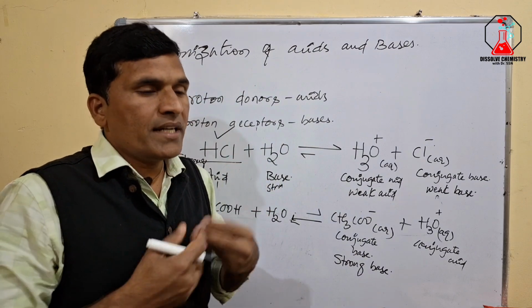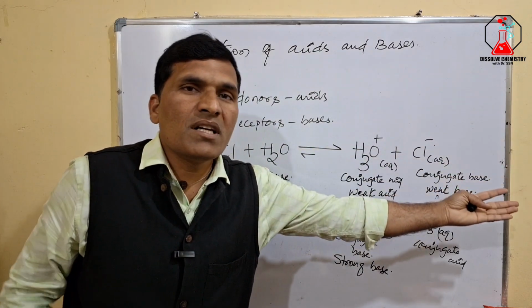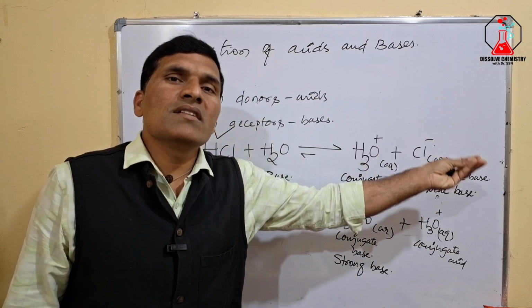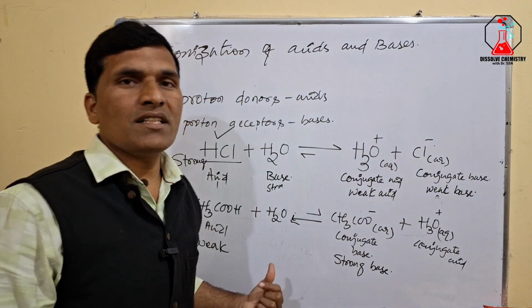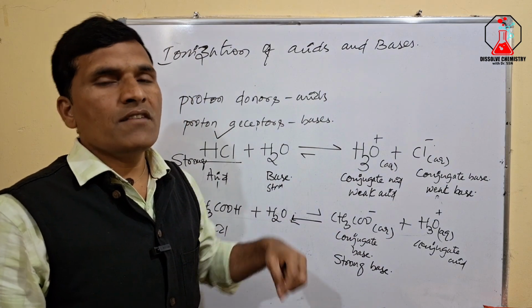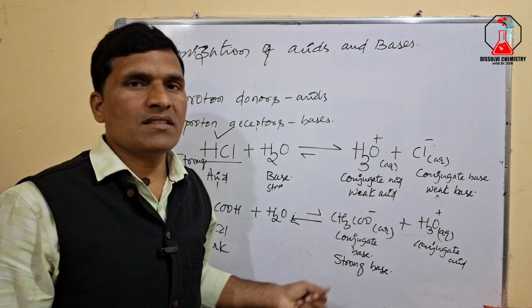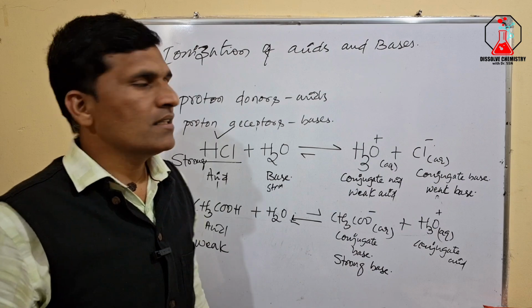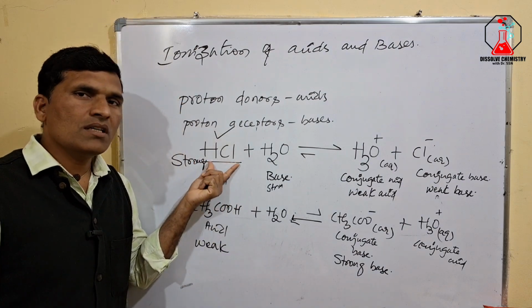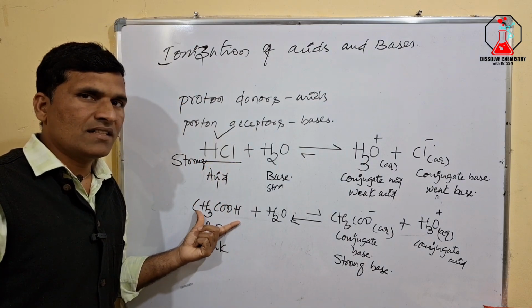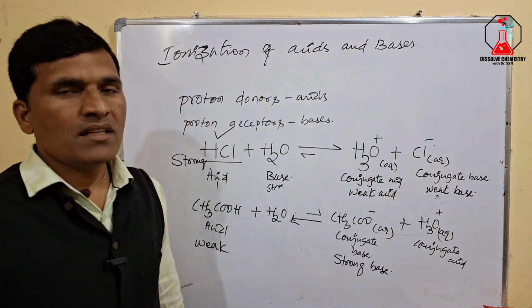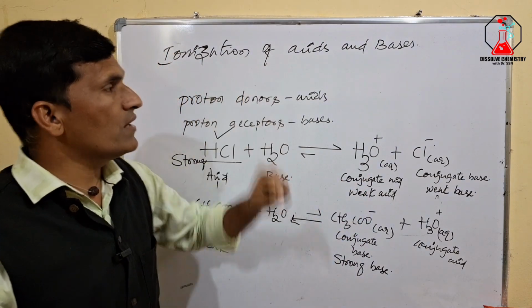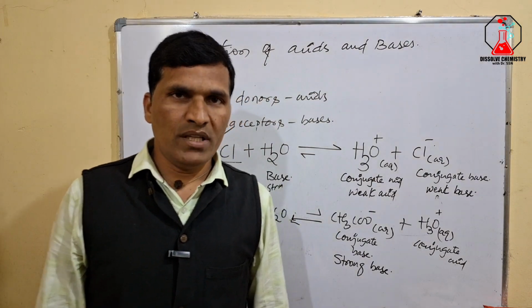After donating the proton, if the conjugate base formed is a strong base, your acid is said to be weak. If it is a weak base, your acid is said to be a strong acid. So your HCl is a strong acid, whereas your acetic acid is a weak acid. This is how we explain the ionization of acids and bases.